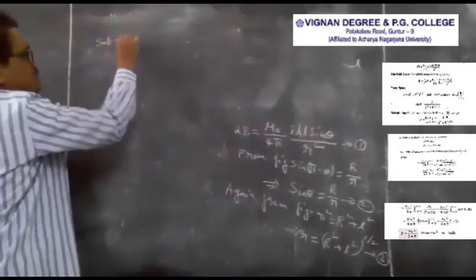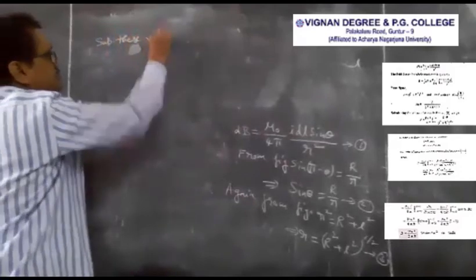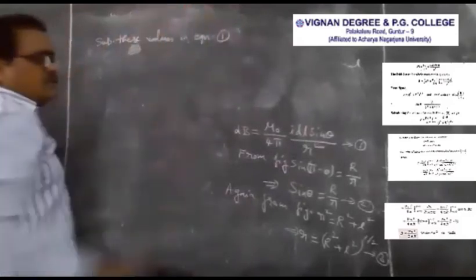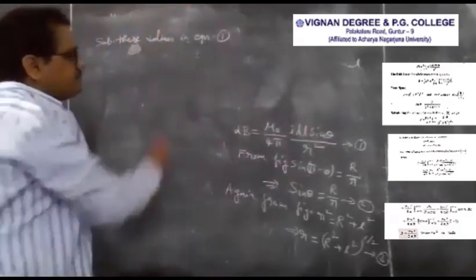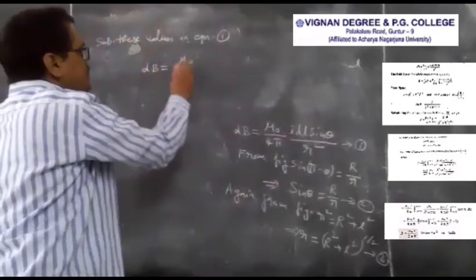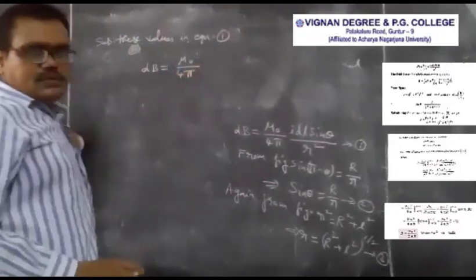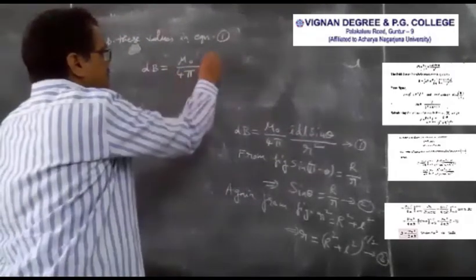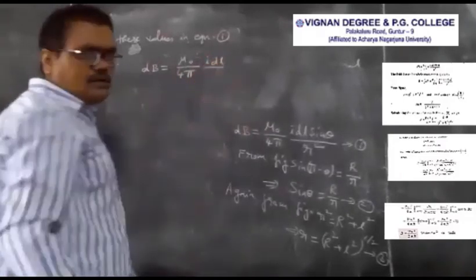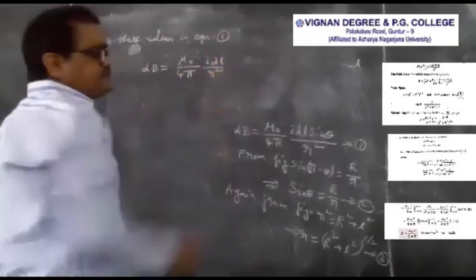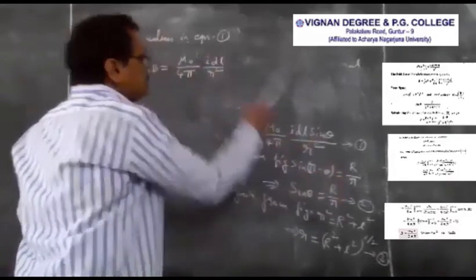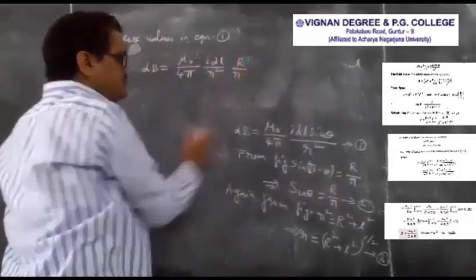Substituting these values in equation 1, we get dB is equal to mu naught by 4 pi, I dl by r square, in place of sin theta, R by r.